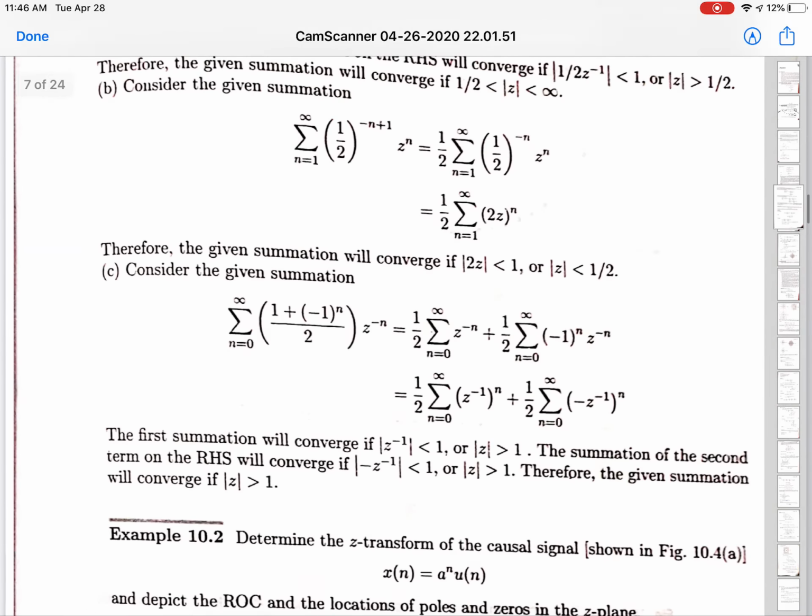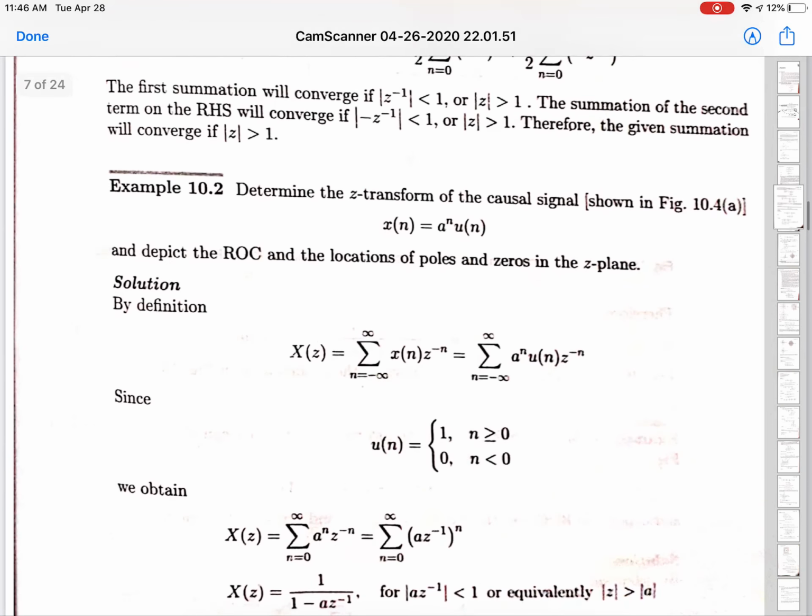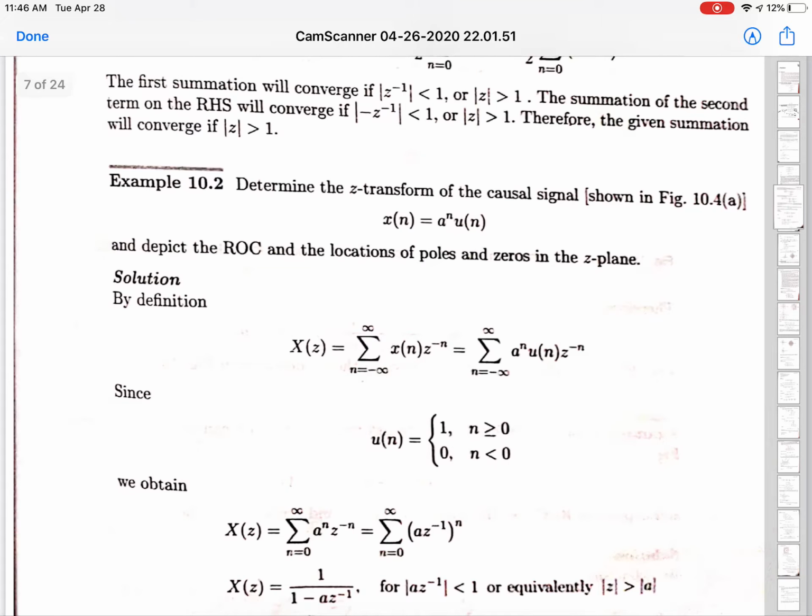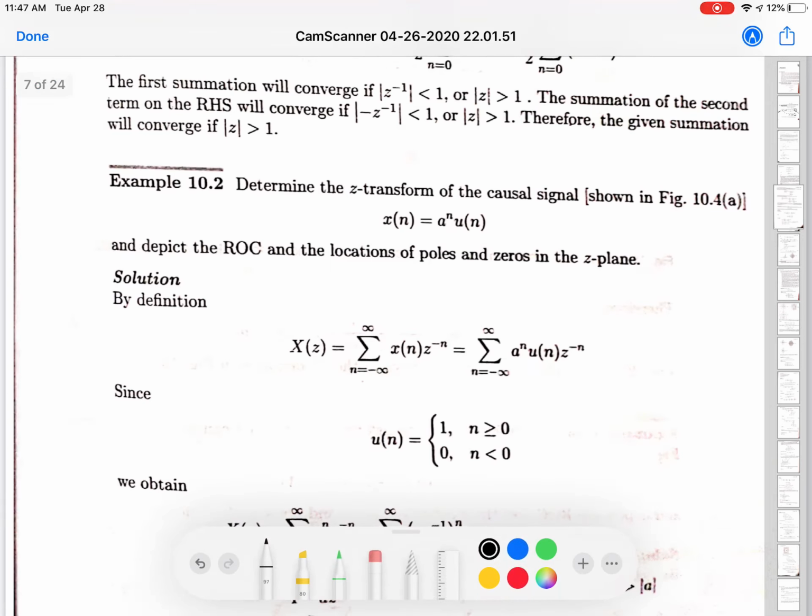Okay, now consider the examples based on the Z transform. Here is the example. In this example, consider the sequence x[n] equal to a to the power n u[n]. If I ask you what is the nature of this given function, the nature of the given function is, first it is discrete, second it is right sided.